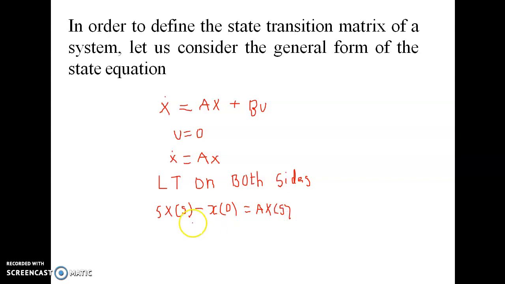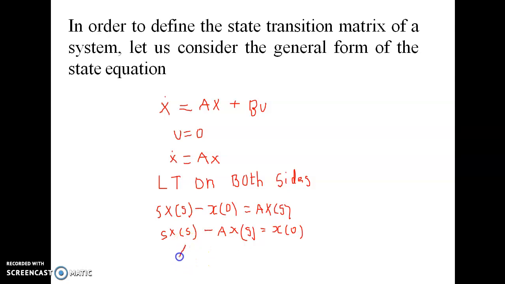So let me take this A into X of s on this side. This will become s into X of s minus A into X of s, that is equal to x of 0. Now here we can take X of s common.